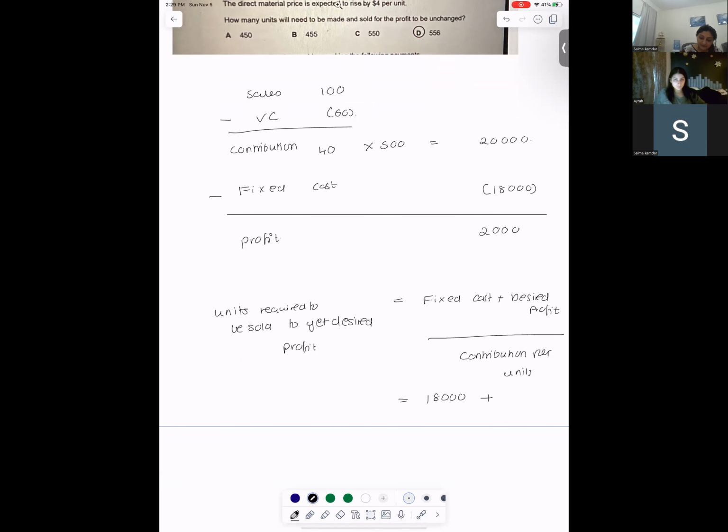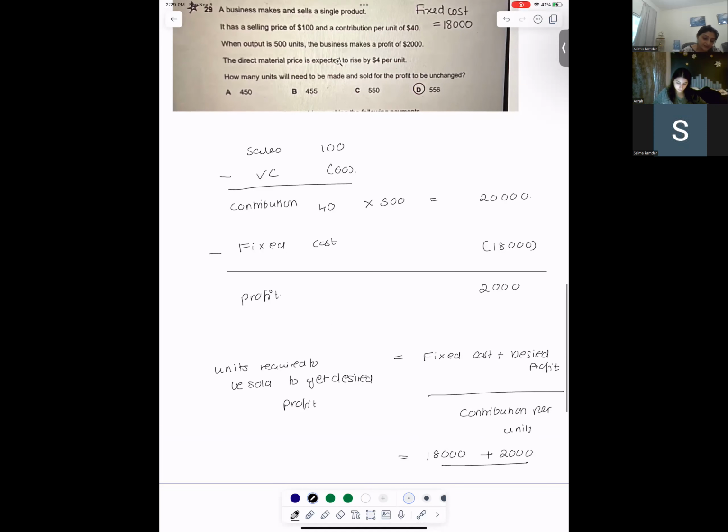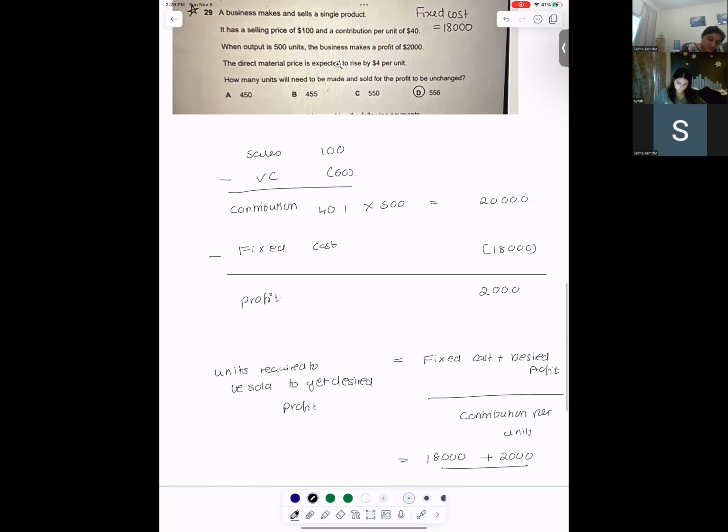Your desired profit is going to remain the same, but your contribution per unit is going to reduce because your variable cost is expected to rise by 4. So 100 minus 64 gives you your contribution per unit of 36.